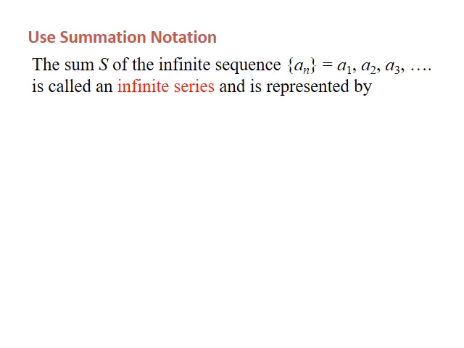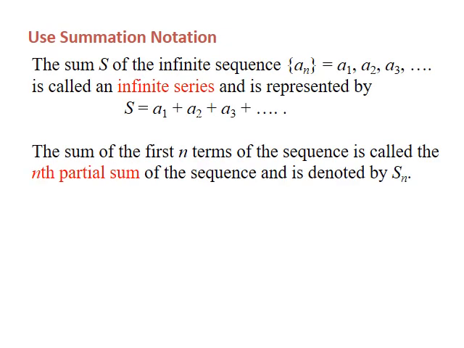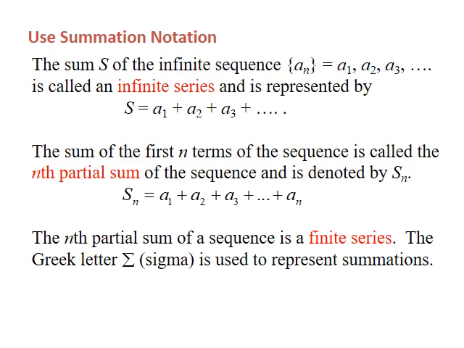Now we are getting to summation notation. Summation notation represents the sum of the terms of a sequence. So an infinite sequence, or a sequence that goes on and on and on, the sum is known as an infinite series and is represented by this.